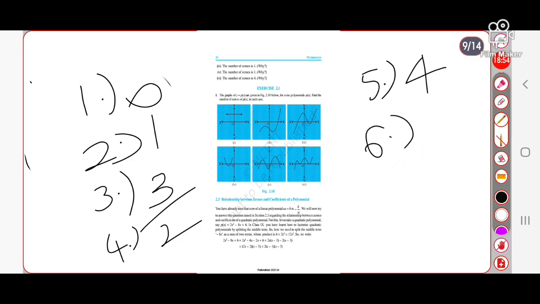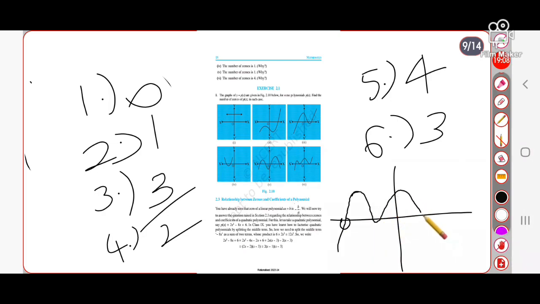For the sixth one, 1, 2, 3. Why? Because see, it is like this, 1, over here 1, my touch, so 2, 3. It is touched and gone up. So there is a touch. It is not like there is a gap. There is no gap.